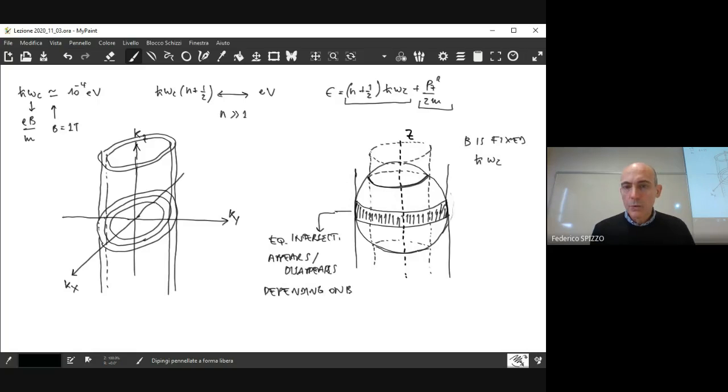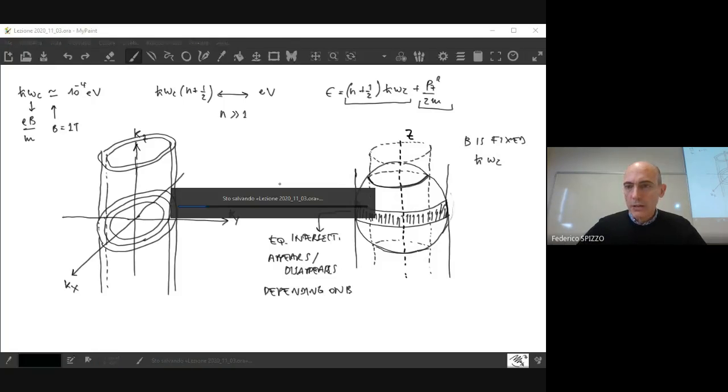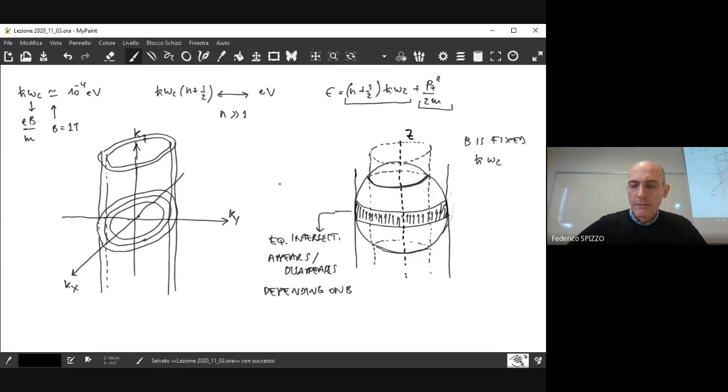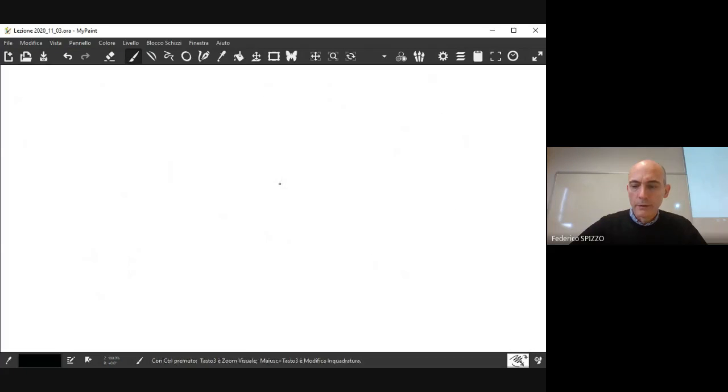So you have this huge group of electrons that is found or not in the system depending on the value of B. Now the point is, may we translate this graphical indication into an equation that explains why we have this dependence over 1 over B.